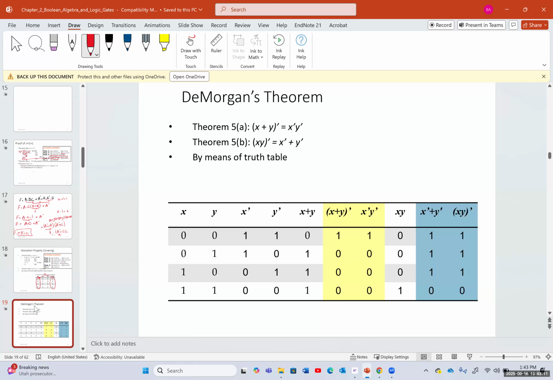If we write the truth table for x, y, x prime, y prime, then (x plus y) prime gives us 1, and x prime y prime also gives us 1. Therefore, they are equal. Anytime we have (x plus y) prime, it's equal to x prime y prime.